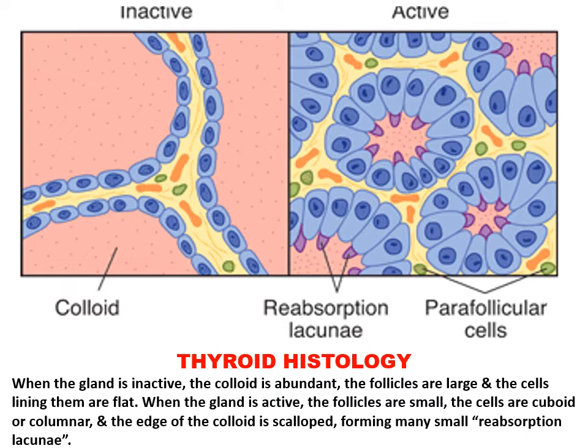When the gland becomes active, the follicles are small, the cells are cuboid or columnar, and areas where the colloid is being actively reabsorbed into the thyrocytes are visible as reabsorption lacunae.